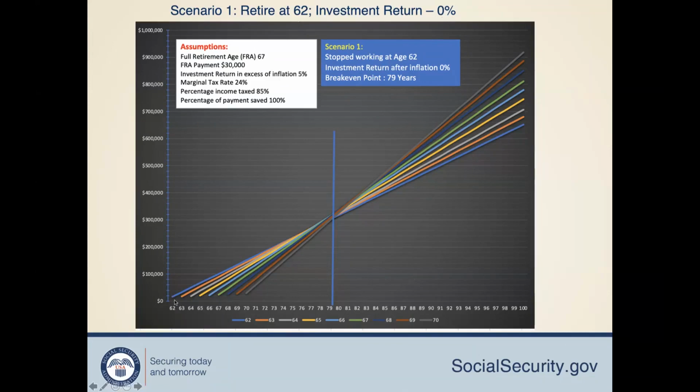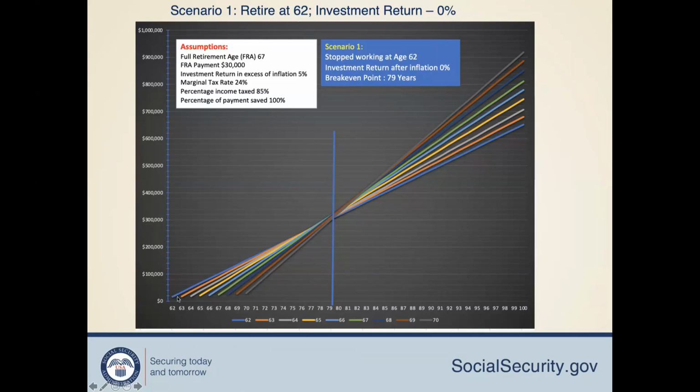So I calculated for different starting collecting ages. This is the age you start collecting, 62, 63, 64, and this is the age you are living; I mapped 62 to 100, and there are different colors here.